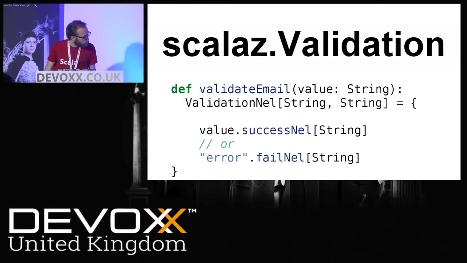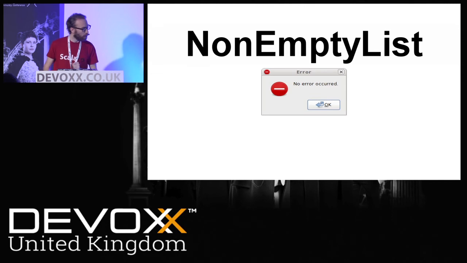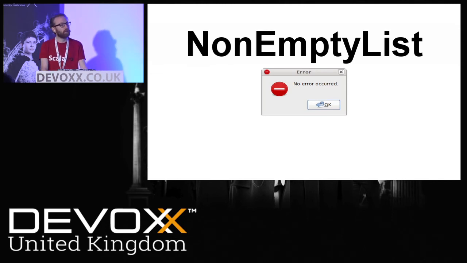So you could write value.success or error.fail, and it will return you a value of type Validation, which will act in the same way as Either, like either you got your value or not. I will come back to the NEL just now. NEL means non-empty list.